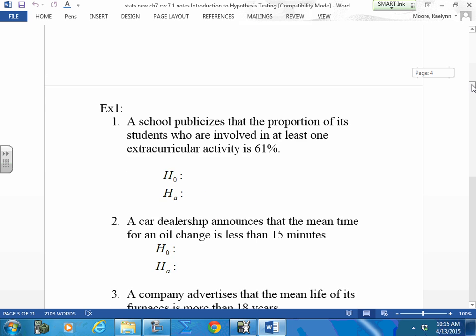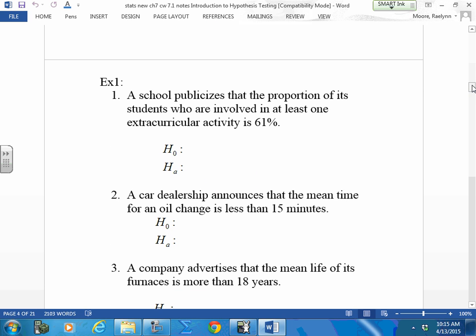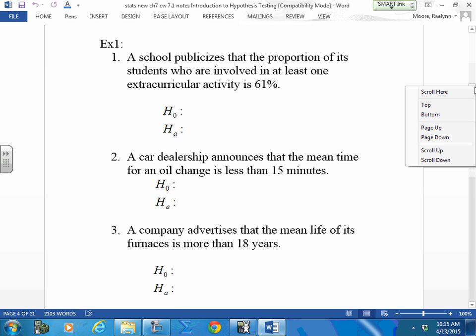Alright, so let's try this. A school publicizes that the proportion of its students, these are all populations. So first we're going to say proportion is a P. This is population when they talk about this. A school publicizes that the proportion of the students who are involved in at least one extracurricular activity is 61%.